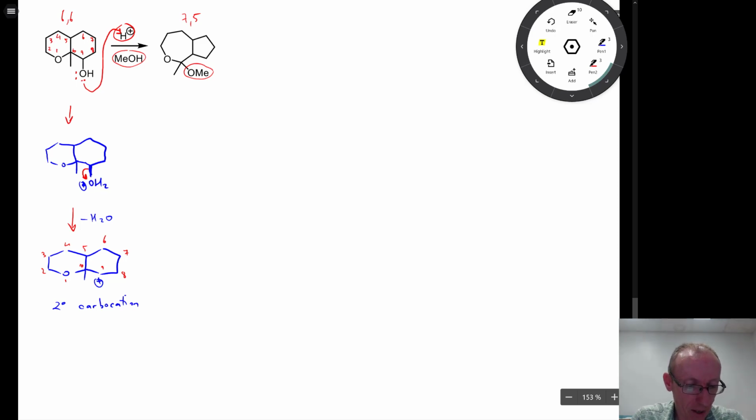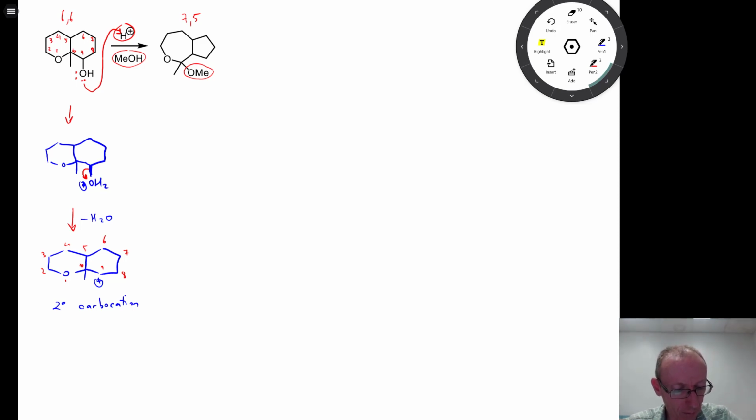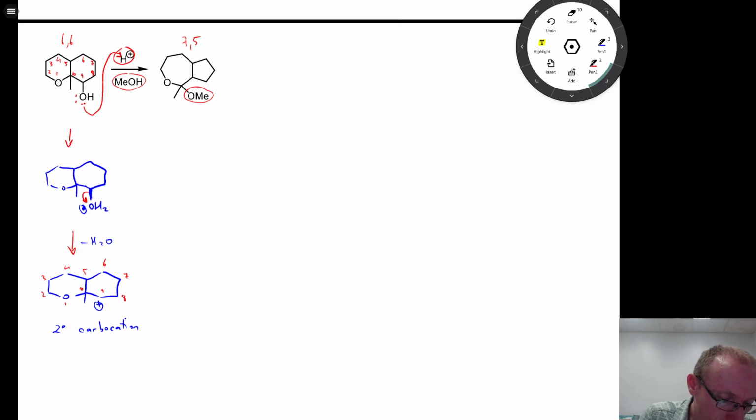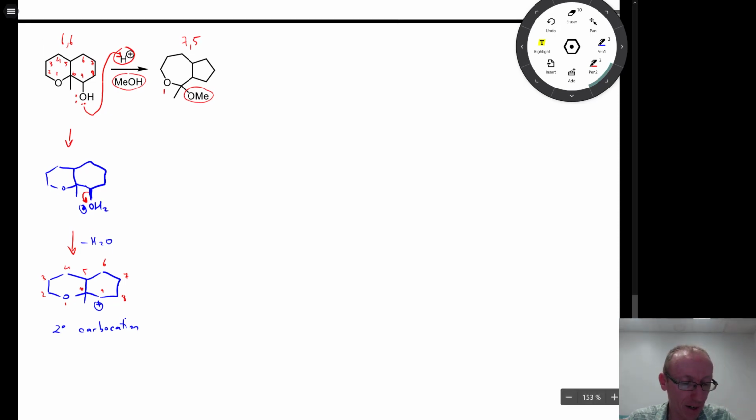And I guess there's a little bit of a leap here. We need to know what group migrates to get to the product. It's pretty safe to assume that the oxygen in that ring is the oxygen of the ring in the starting material.